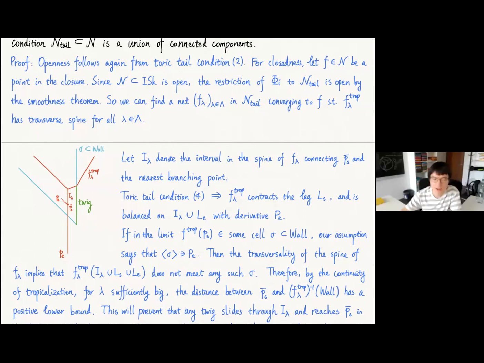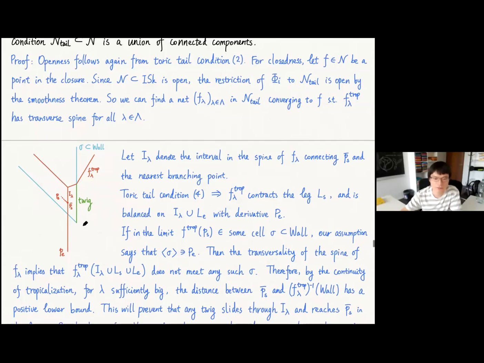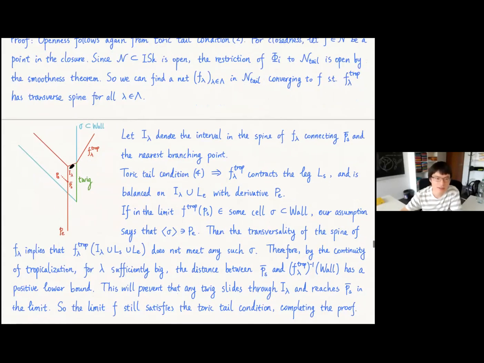Therefore, when we compute the pre-image, we throw away all this sigma, and then we obtain a positive lower bound between the wall and this point. So this will prevent any twig, this green twig, from sliding through this interval I lambda and reaching PS bar in the limit. So the limit f still satisfies the toric tail condition, completing the proof.